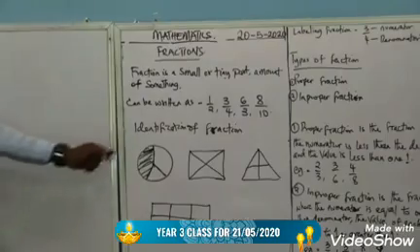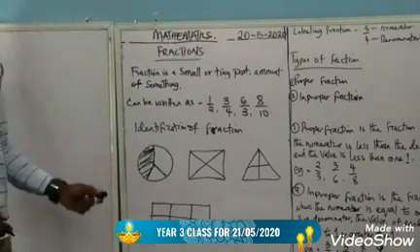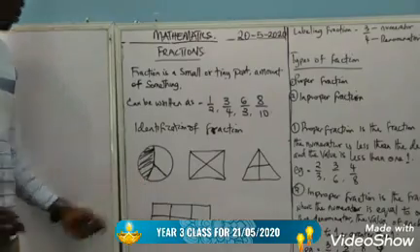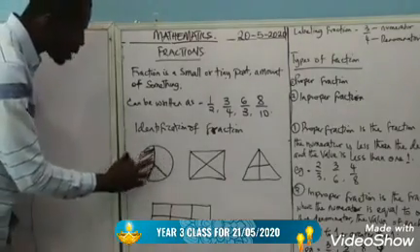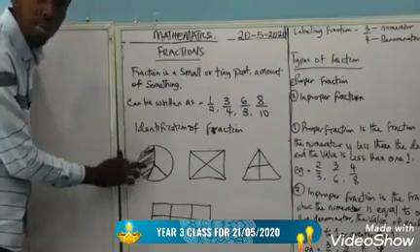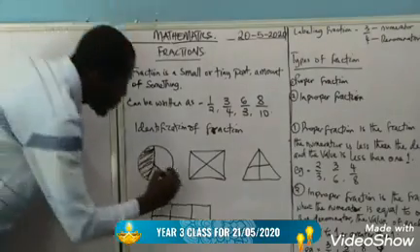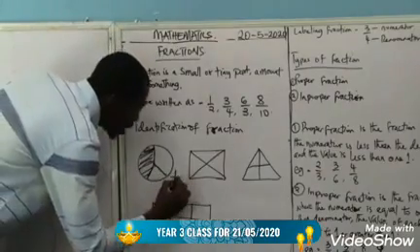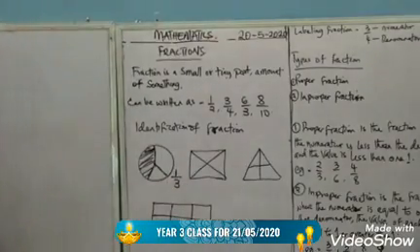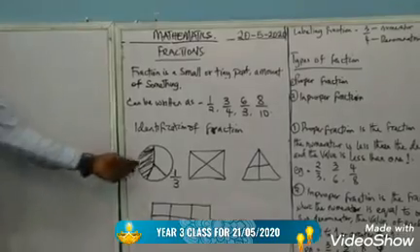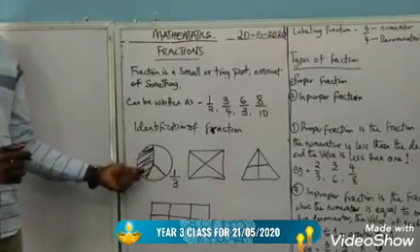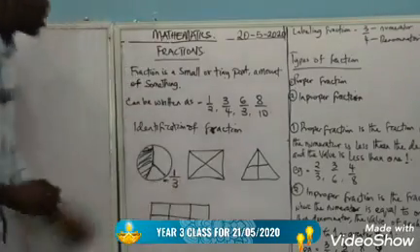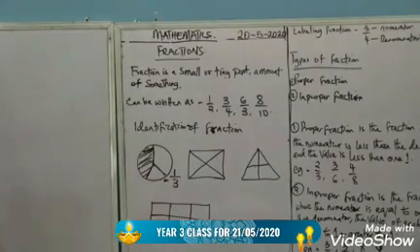So now from the shaded part, if I'm asked what is the fraction of the shaded part of this circle, I will say there are 3 parts, but I shaded only 1 part of the circle, which will now make it 1 shaded part all over the 3 whole parts of the circle. So the fraction of the shaded part of this circle is 1 over 3.